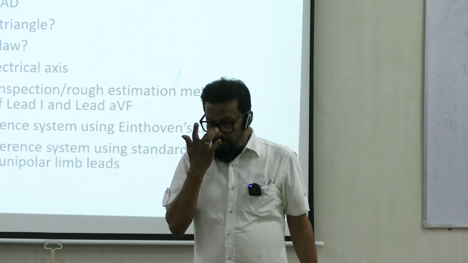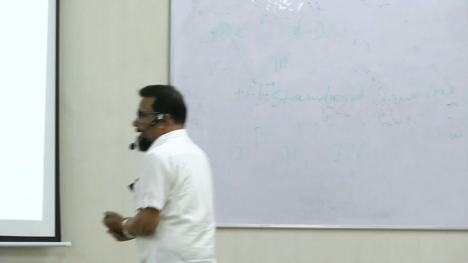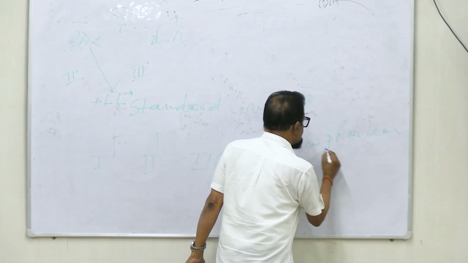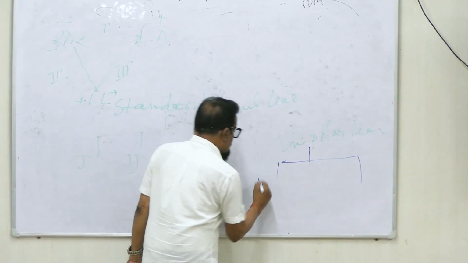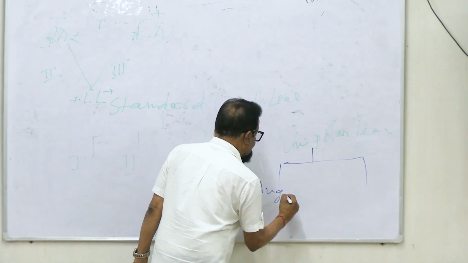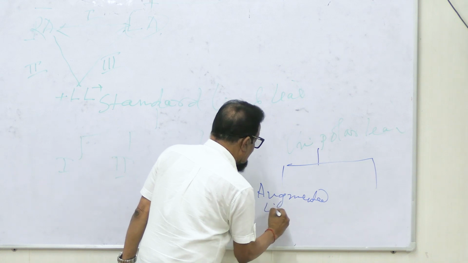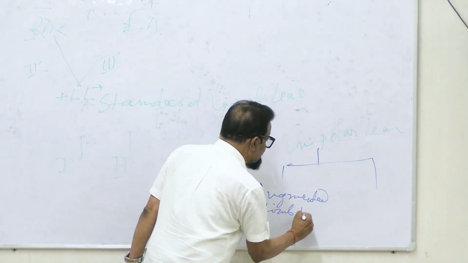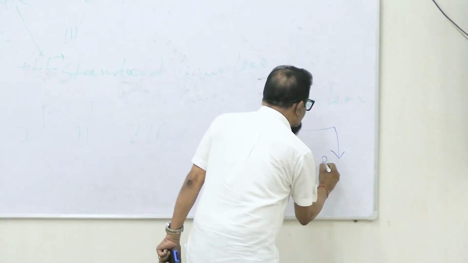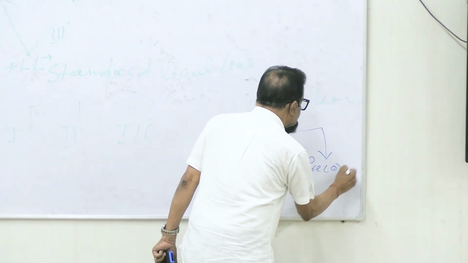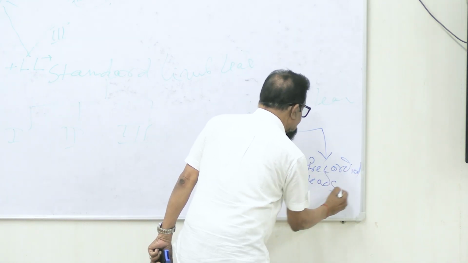So unipolar leads are again of two types. One is augmented limb leads. Another is precordial leads, or chest leads.